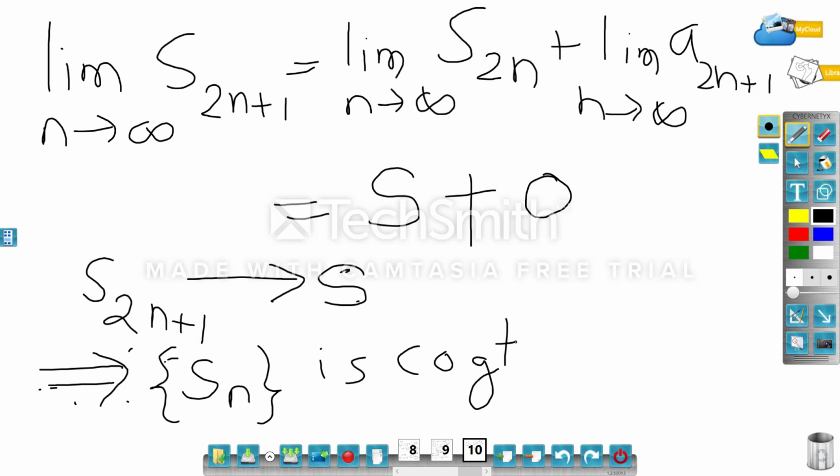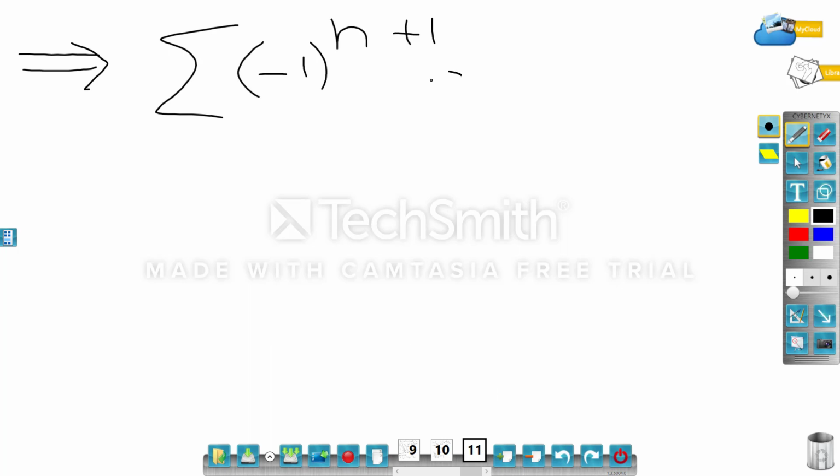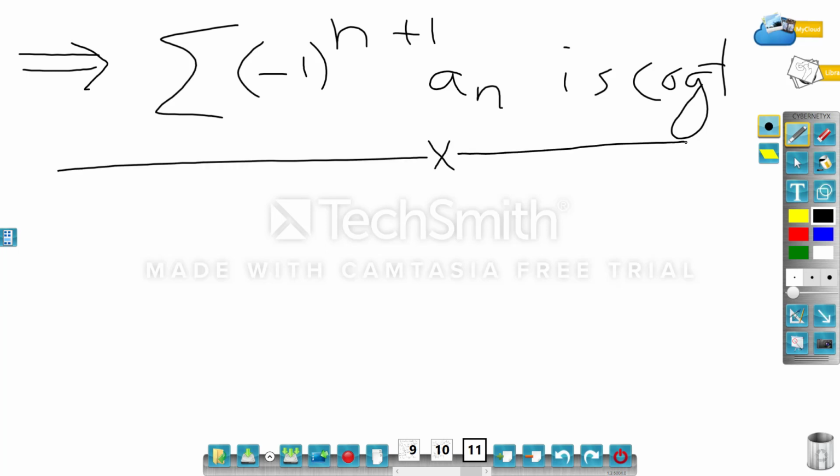That could be proved easily. So if Sn converges, this implies the series of minus 1 raised to n plus 1 an is convergent. This completes the Leibniz test.